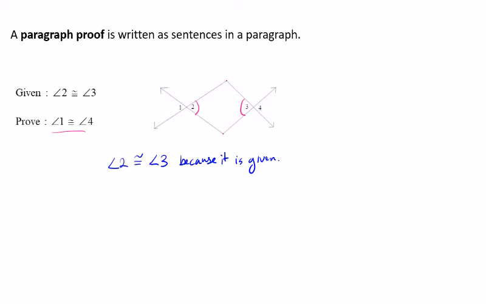So I can say by the vertical angles theorem, angle 1 is congruent to angle 2, and angle 3 is congruent to angle 4, right?